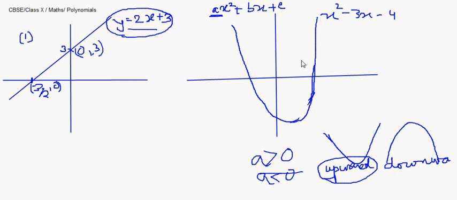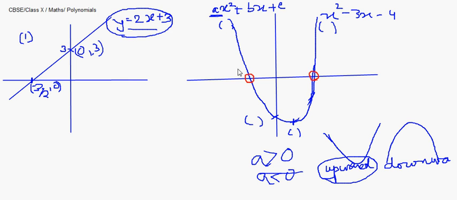There might be various coordinates there. Here you will get a coordinate, here you will get a coordinate. At this point, the lowest point, you'll also get coordinates. Maybe this point also will be given by a coordinate. But the important thing which I want you to notice are these 2 points.